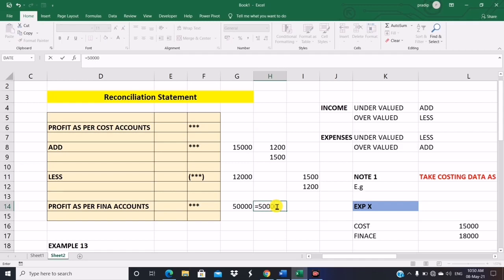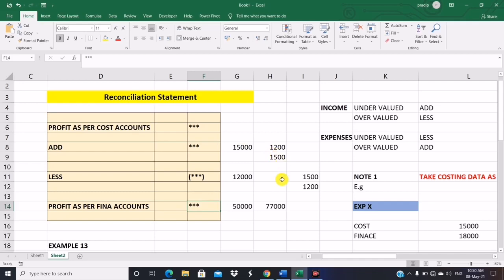After that, what we were doing as less, instead of less we have to add rupees 12,000. And what we were adding, but in case profit is given as per financial accounting, we have to deduct this amount. That is how simply we have to do the reversal, so that you will get your answer.